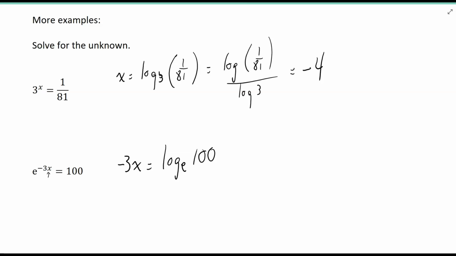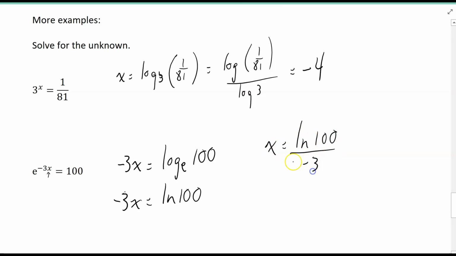Now, from our studies of natural logarithms, you found that we don't write log base e, so this really should be written like this. ln 100, which is a value you get directly from your calculator, equals -3x. So x is equal to ln 100 divided by -3. And that number is ln 100 divided by minus 3, minus 1.535.